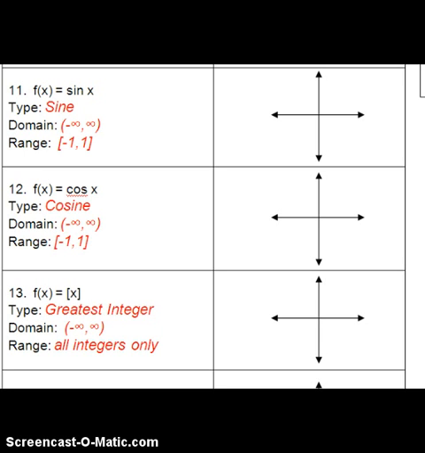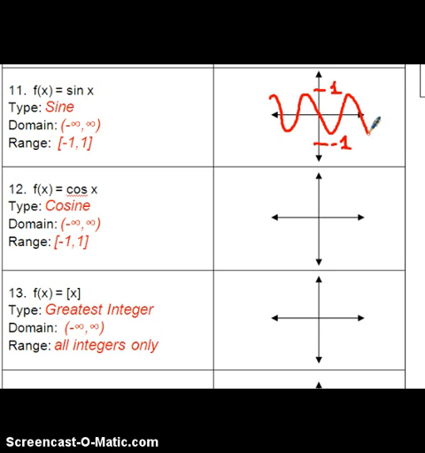Now, when we draw this graph, we have to understand that it's going to be like a continuous wave, and it's going to oscillate between 1 and negative 1. And so sine always starts at 0. And it does something like this. Now notice I didn't put the arrows on it this time because it infinitely does this in both the positive and negative direction. So it keeps going on forever and ever in the positive and the negative direction.